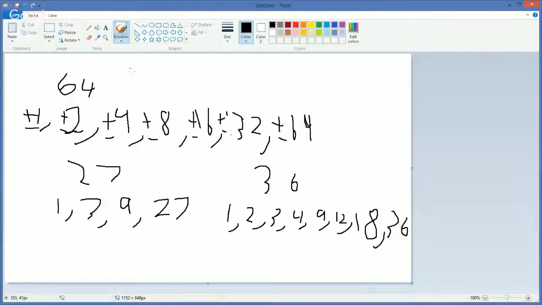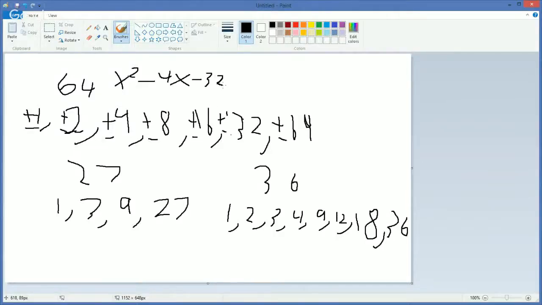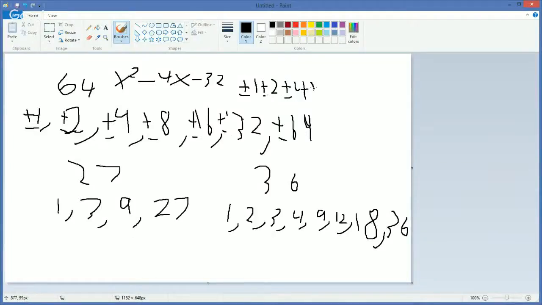And what you do with the polynomial, so for example, with that one that we just did, x squared minus 4x minus 32, with all of the numbers for 32 being plus minus 1, plus minus 2, plus minus 4, plus minus 8, plus minus 16, and plus minus 32.